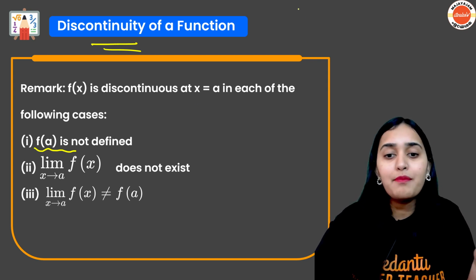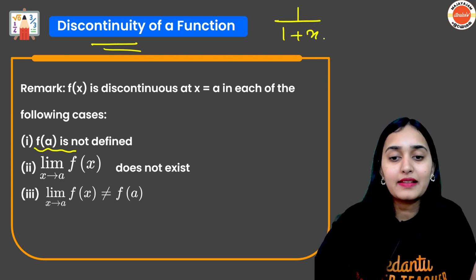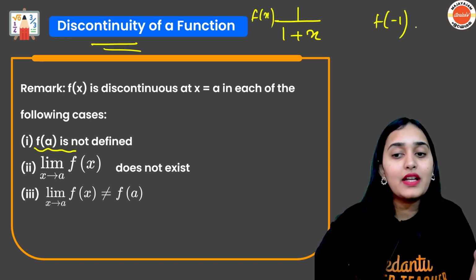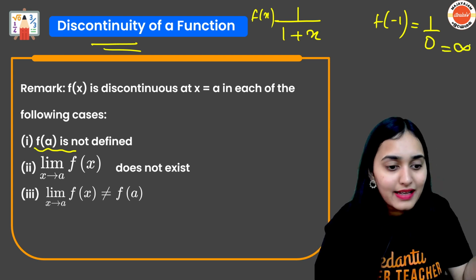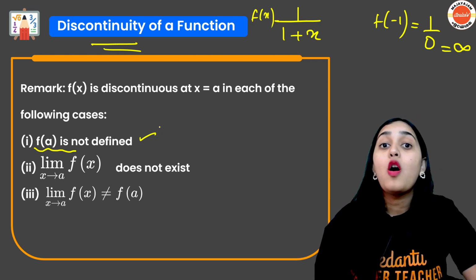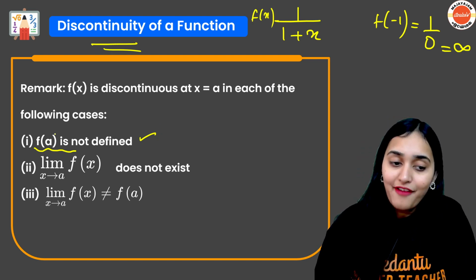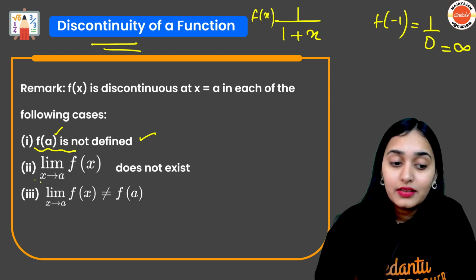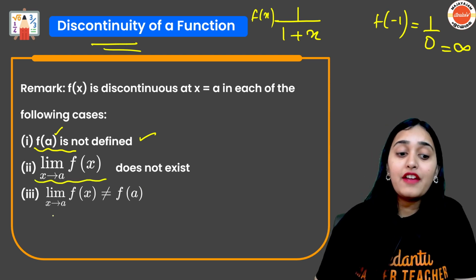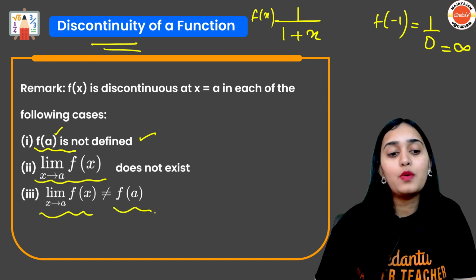Okay, for example, if I have the function f of x equal to 1 by (1 plus x), then f of minus 1 is what? 1 by 0, infinity, does not exist. So the graph is not defined at minus 1. Okay, or f(a) is defined but the limit does not exist, or if the limit exists, it is not equal to f(a).